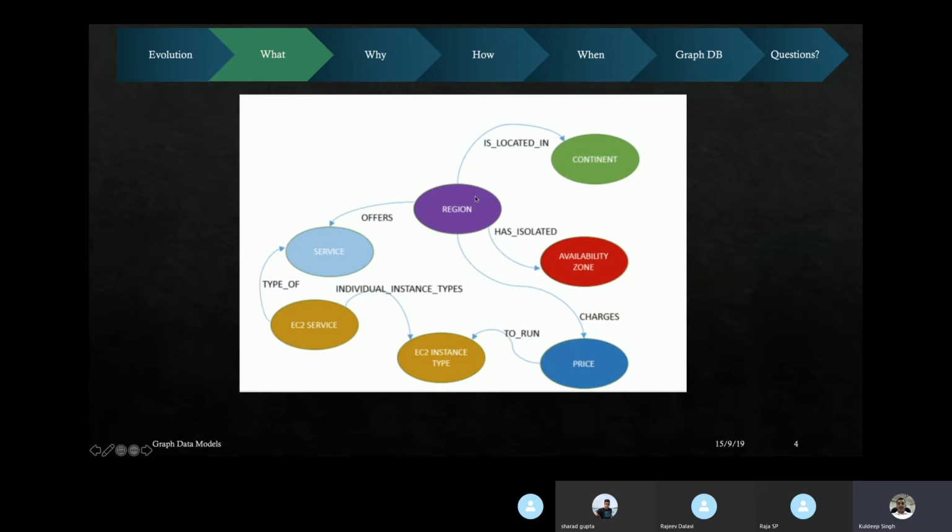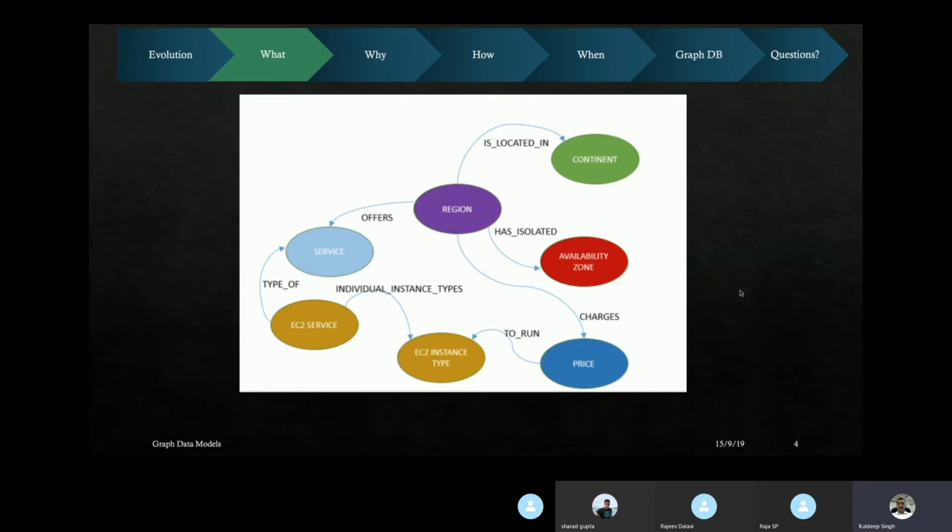But through graphs, it became very easy because the relationships take precedence. From there we know the continent, North America, what regions are available, and what the prices are there for servicing EC2 instances, and we can get the answer to the query in a very small amount of time.